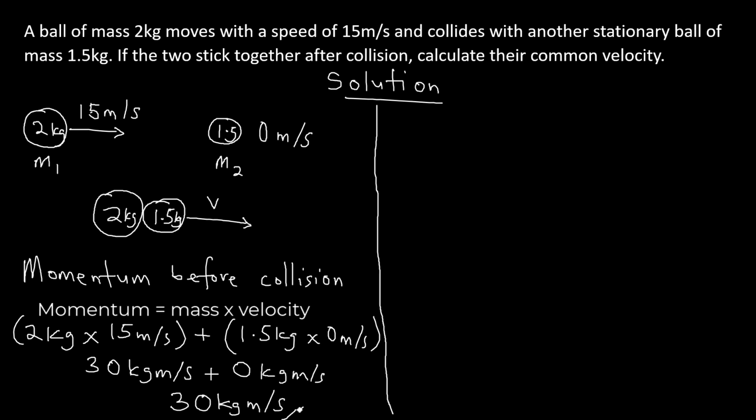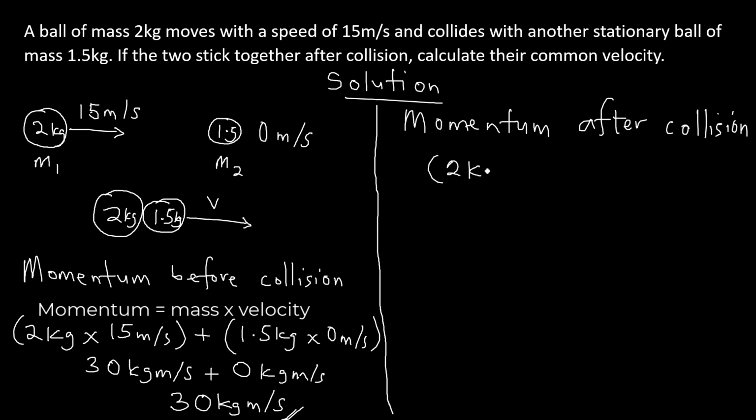What about the momentum after collision? The momentum after collision will be the total mass times the velocity. And the total mass will be 2 kilograms plus the 1.5 kilograms.